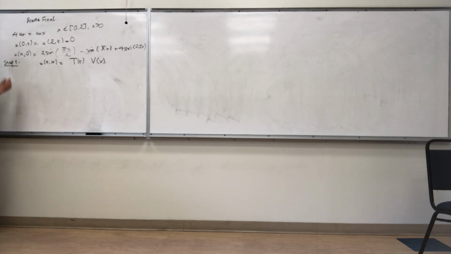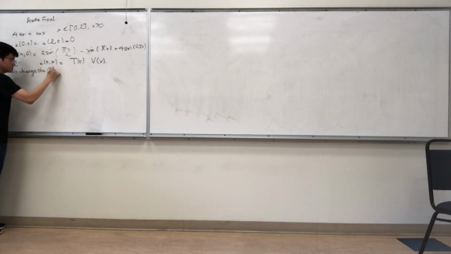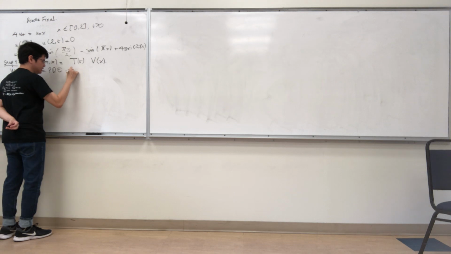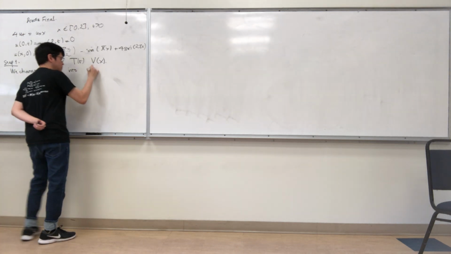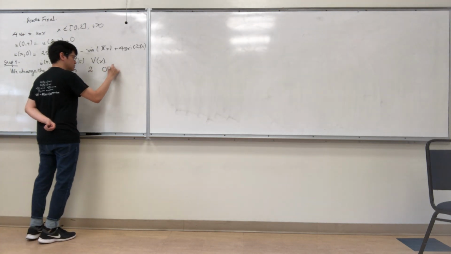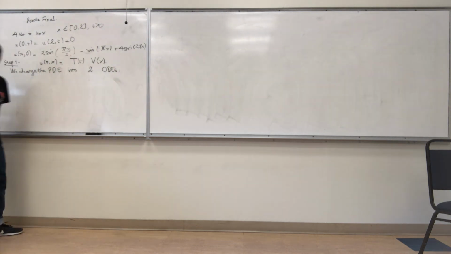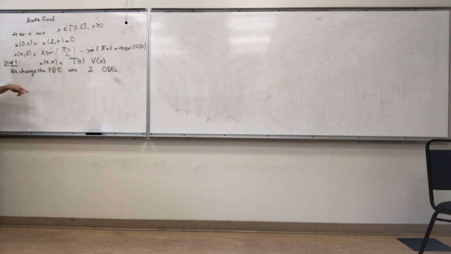So we change the PDE into two ODEs. The idea of separable is to separate the variables t and x so that you have two ODEs instead of one PDE.